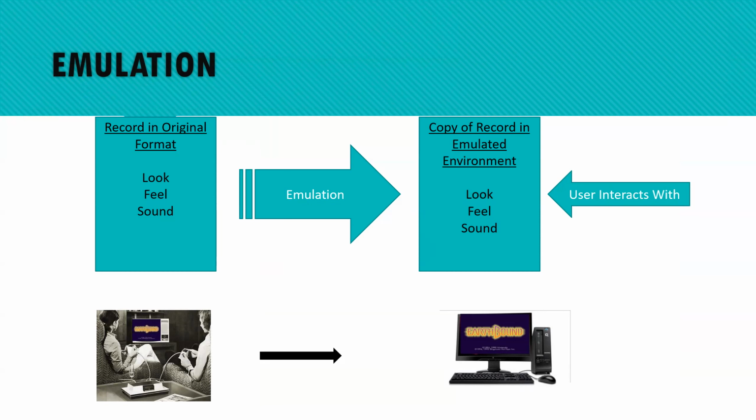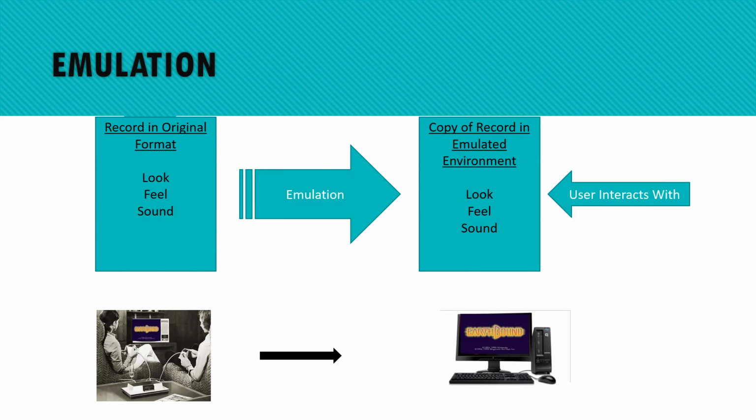So if any of you are into video games, a lot of old video games have been emulated. So you can go online or go into different video game systems and access emulators and play video games that might have been created for the Super Nintendo on your PC, right?